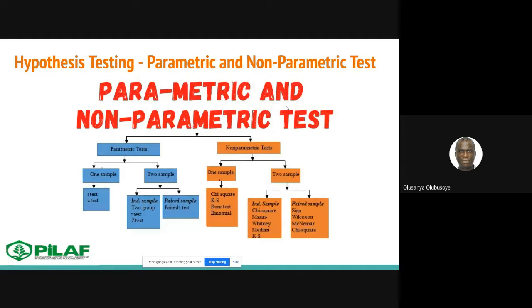Why do we need to struggle to choose between parametric and non-parametric? It's been statistically established that parametric tests are more powerful than the non-parametric test. So it's always the starting point. The non-parametric is, to a large extent, an alternative.